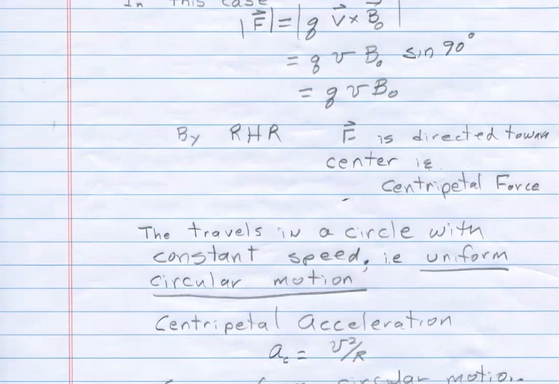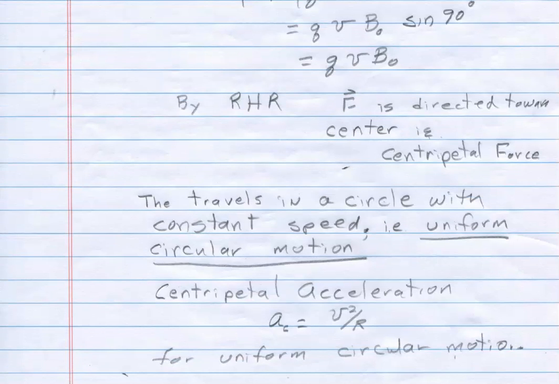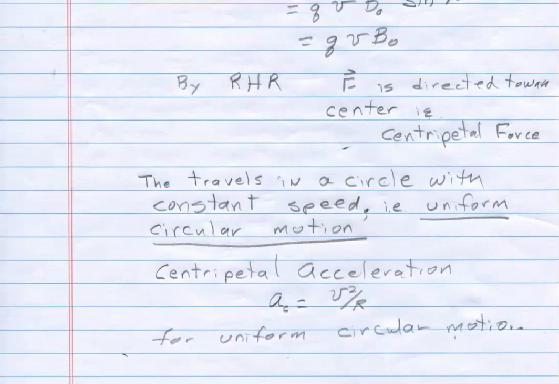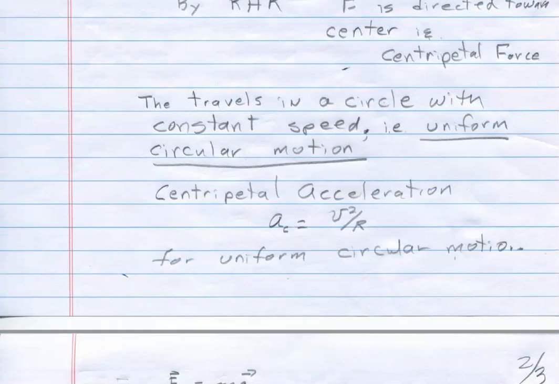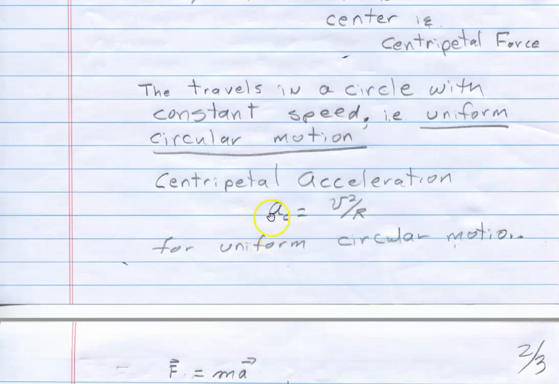So we're satisfying all the criteria for uniform circular motion of this particle as it goes around. And we know tons of things about uniform circular motion, right? I know that the acceleration, which is probably written as a sub c to remind you it's centripetal, is really just a in this special case of uniform circular motion.